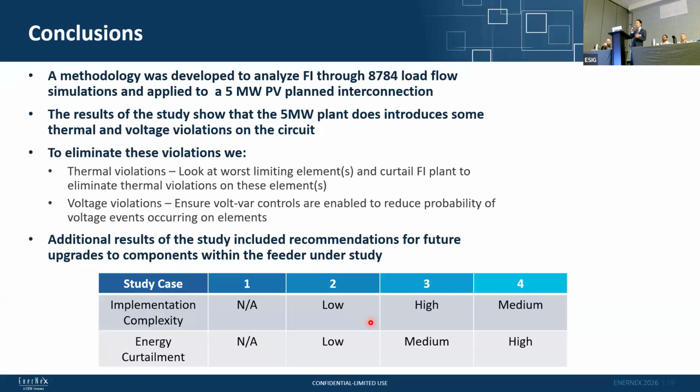Because I know a lot of developers and utilities are concerned: if I do the flex interconnection, will that change or impact my volt var control to mitigate my voltage issues? So at least from the planning study Mark walked through for the export energy case with flex interconnection, that's good news.